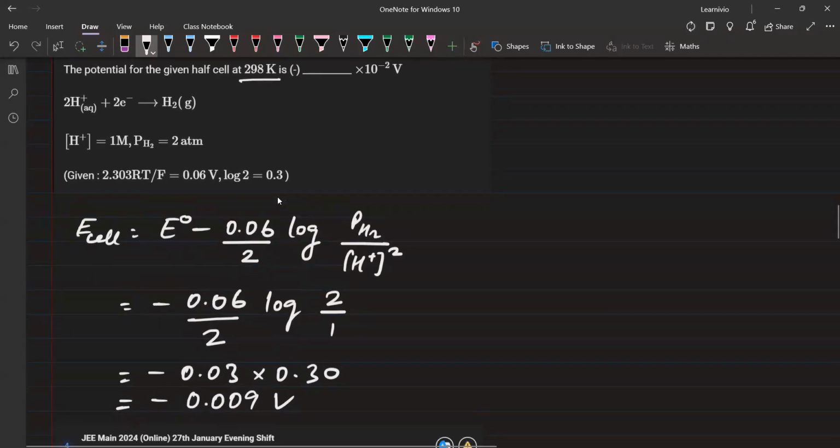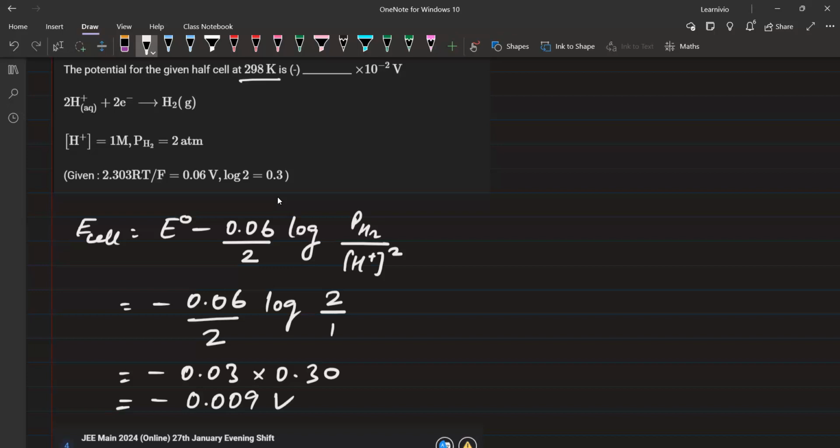But 10 to the power 2 ही बोला ना, 0.09 होगा, 0.03 into 0.3, 0.009 ही होगा. And log 2 is also equal to 0.30. Is there any mistake? Let me calculate. 0.03 into 0.3, 0.009. ठीक है.